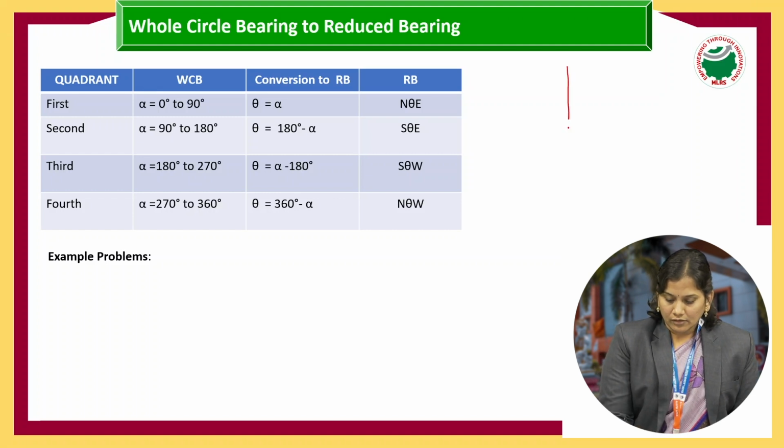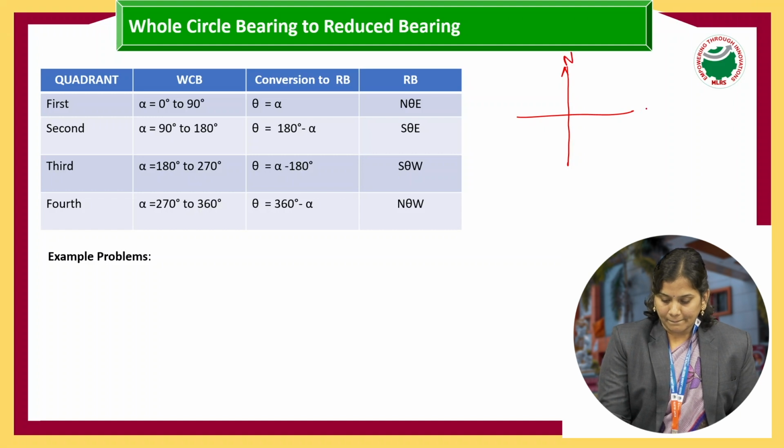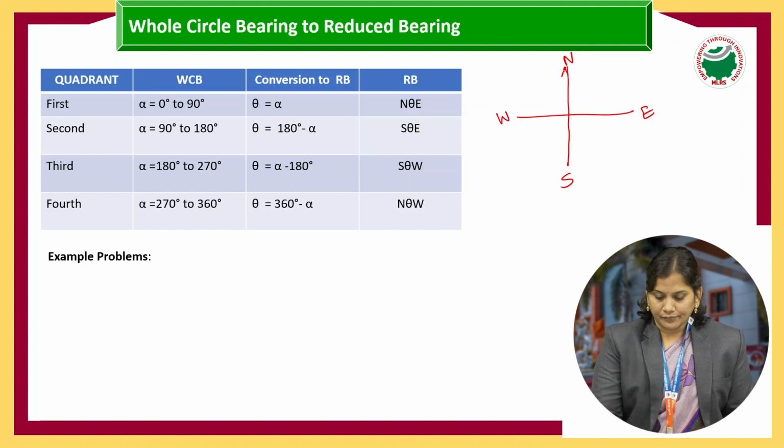Now, when the angle is 0 to 90 degrees, that is, if our survey line is in between these two, the angle measured in the whole circle bearing system is from north towards our survey line in clockwise direction.